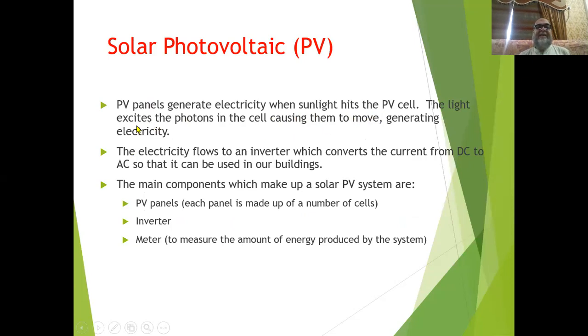The light excites the photons in the cell, causing them to move, generating electricity. The electricity flows to an inverter, which converts current from DC to AC so it can be used in our buildings. The main components of a solar PV system are PV panels, an inverter, and a meter to measure the amount of energy produced by the system.